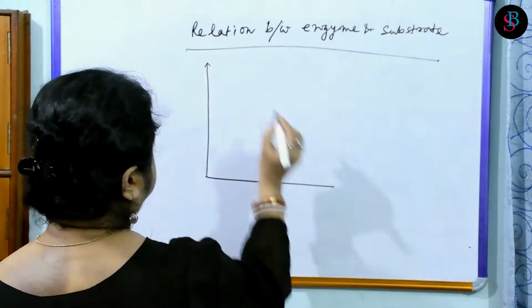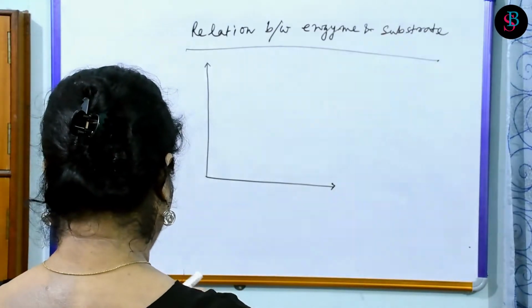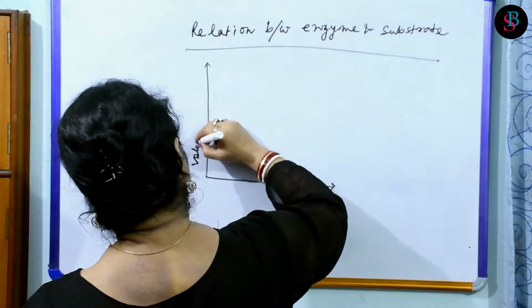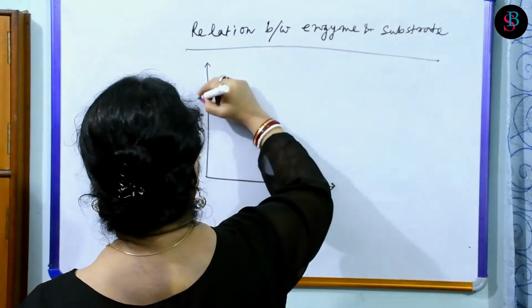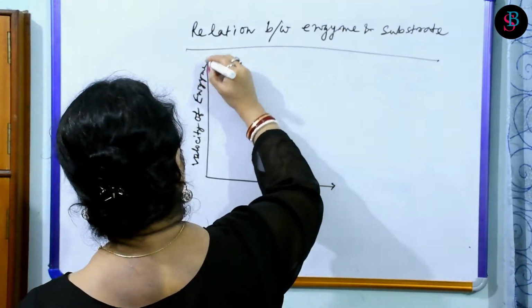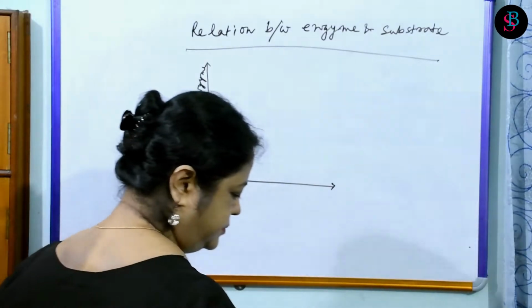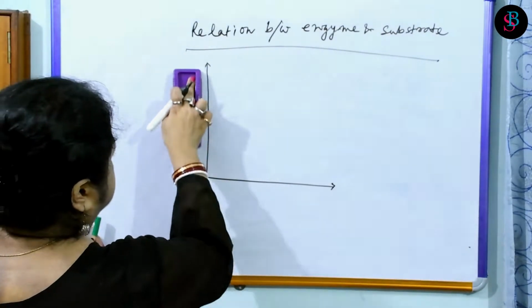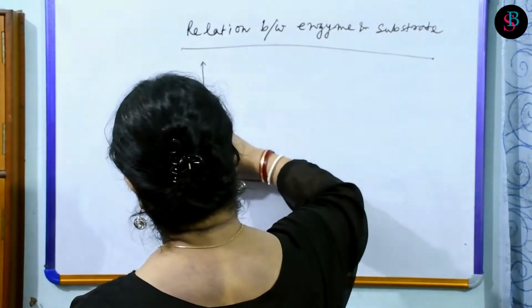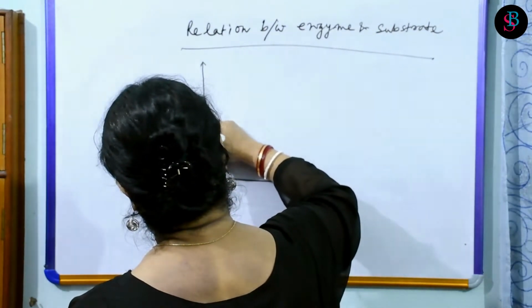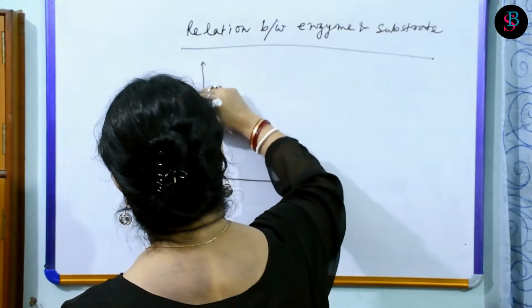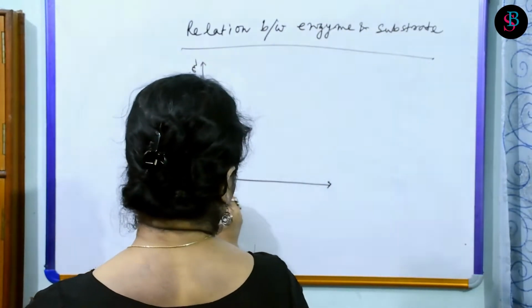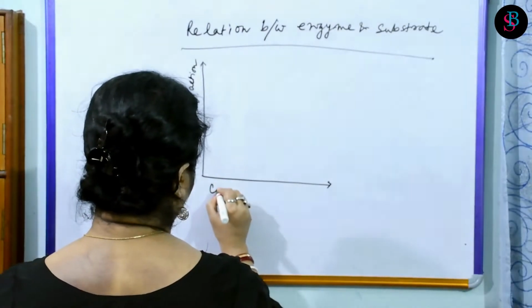If we plot a graph, the y-axis indicates the velocity of enzyme action, and the x-axis indicates the concentration of the substrate.